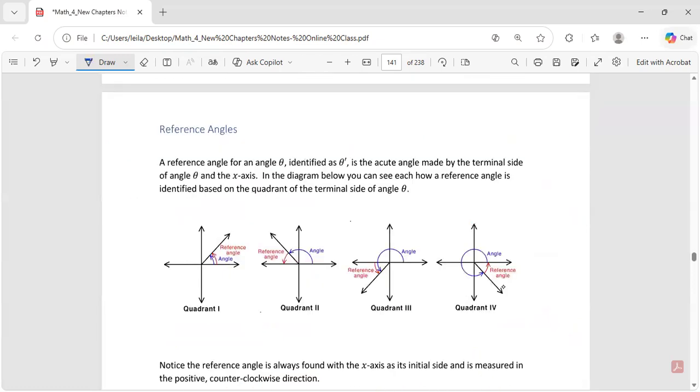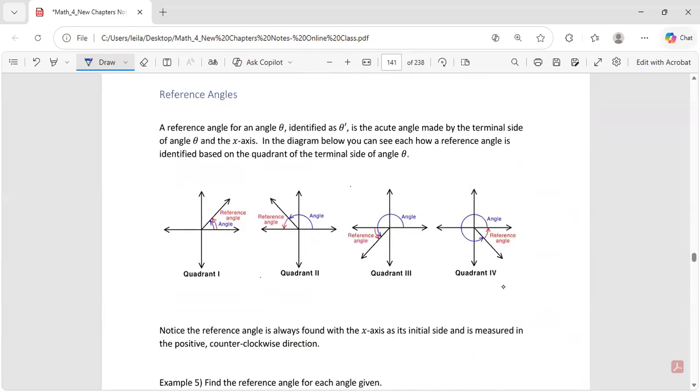Reference angles are the angles made by the terminal side of an angle and the x-axis. It's a very important angle, especially for large angles: if we know the terminal side, we know the reference angle.